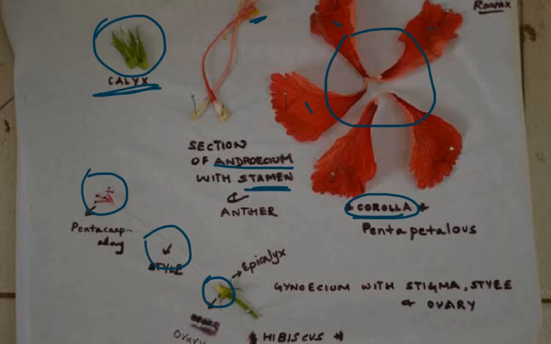The female reproductive part of a flower is called gynoecium. So these are the four whorls of a flower. What are the four whorls? Corolla, calyx, androecium, and gynoecium. These are the four whorls of a flower.